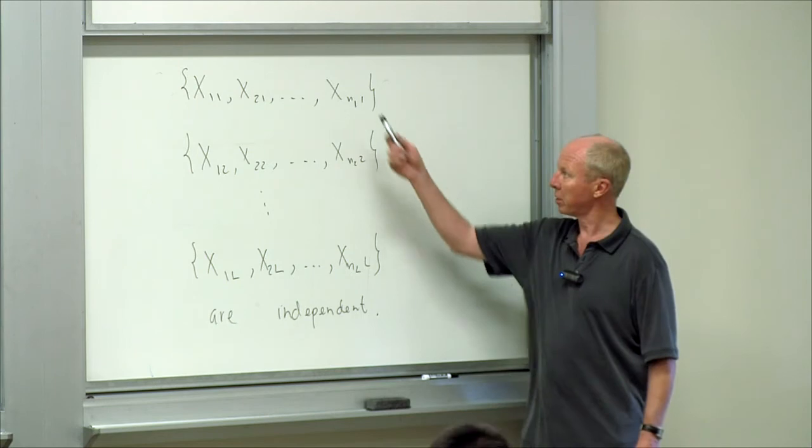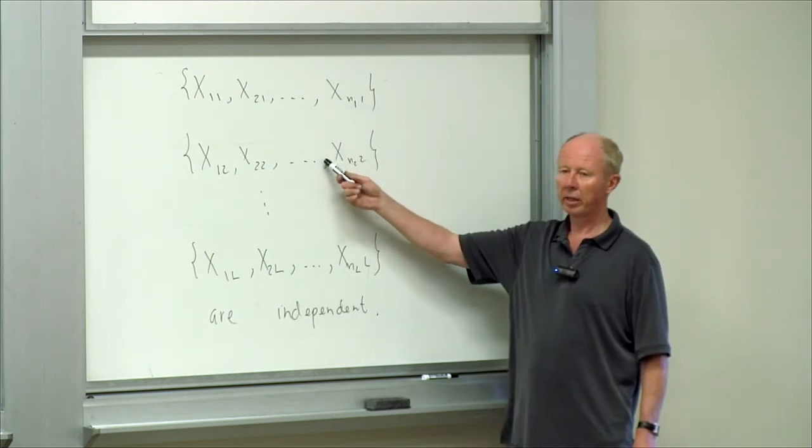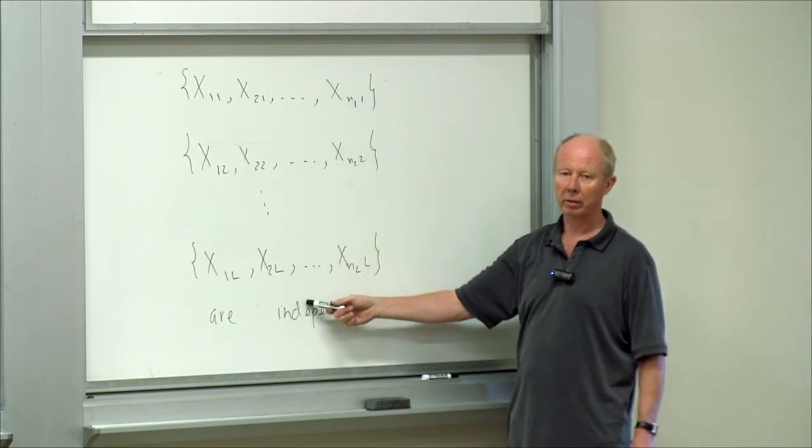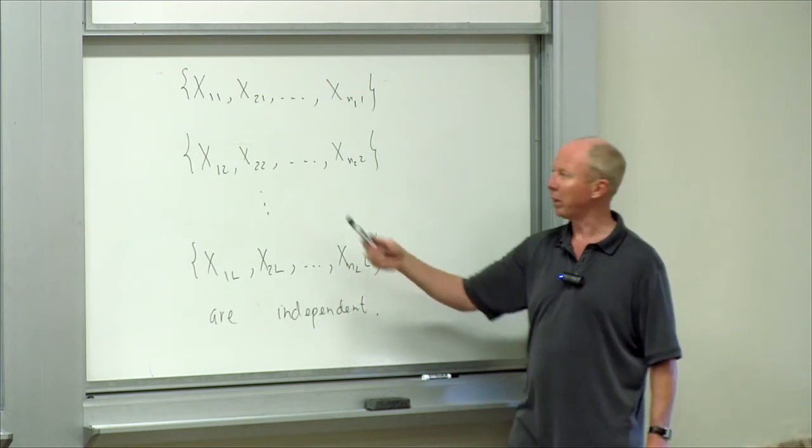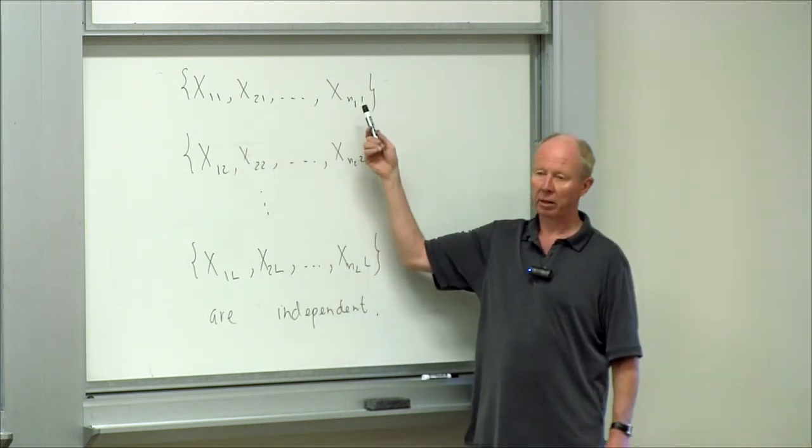So that means this set of random variables is independent of this set, is independent of this set, is independent of this set. It doesn't mean that the random variables in each set are independent.